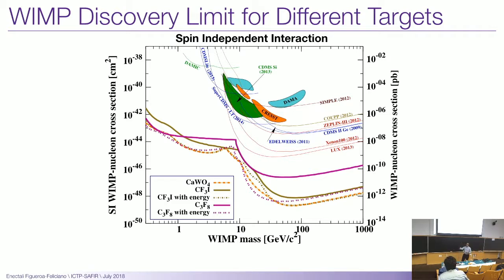And as Andrew will talk about with bubble chambers, you don't know what the energy of each event is, and so the C3F8 gets flat here because you're assuming that you don't have energy information. If you did have energy information, then it would look more like this other pinkish line down here.